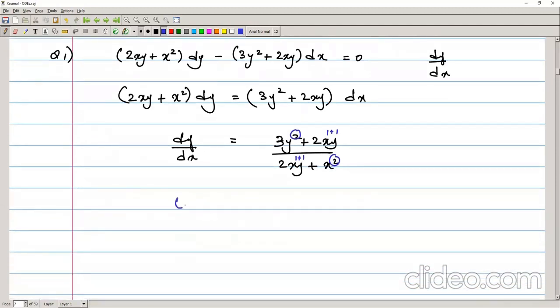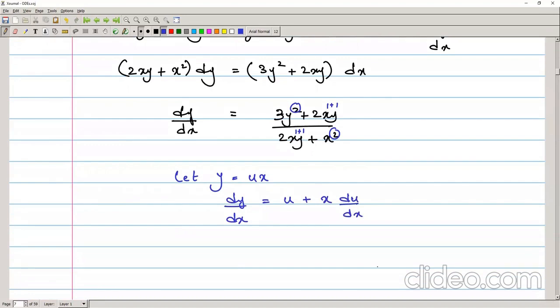Now we can assume that y is equal to ux. Then we have dy over dx is equal to u plus x times du over dx. Right. Now we can substitute this in the equation.